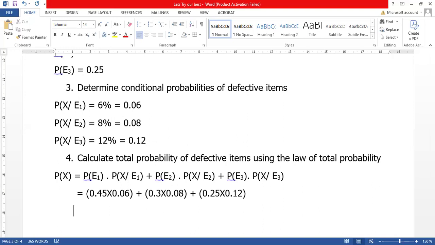You can use your calculator directly to get the answer. Just open bracket the way you see here, close bracket, plus. You can get the answer directly. What do you get? 0.081.